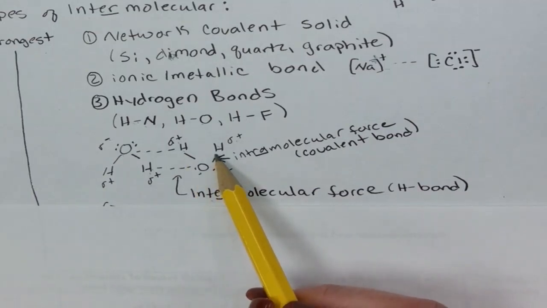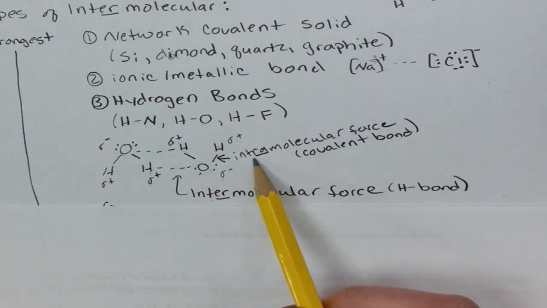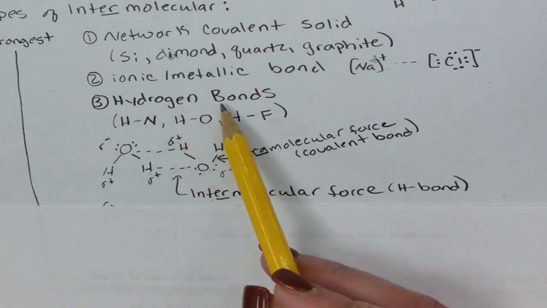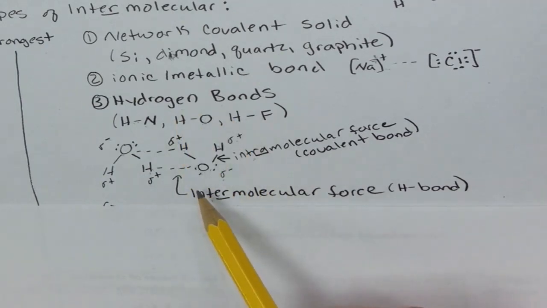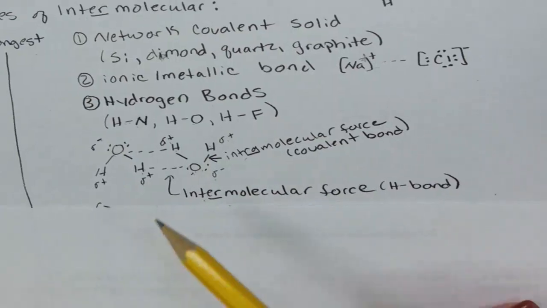The covalent bond holding the hydrogen to the oxygen is an intramolecular force. So when we talk about a hydrogen bond, the hydrogen bond is actually occurring between two different species. Let me rephrase.